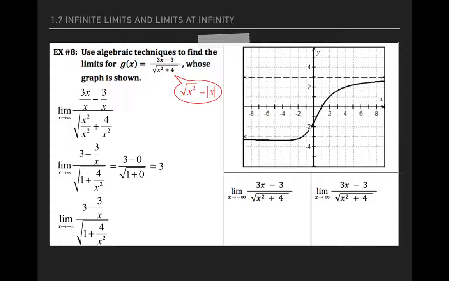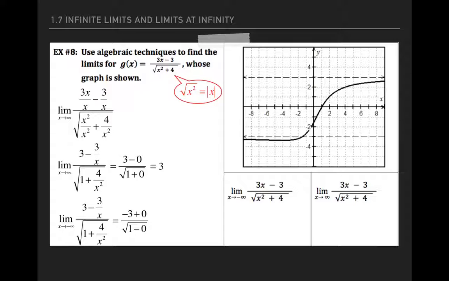Now, if you were coming from the left, trying to find your limit as x approaches negative infinity, you're working with negative x values. That's going to change the signs of every single term when you divide by that negative x.